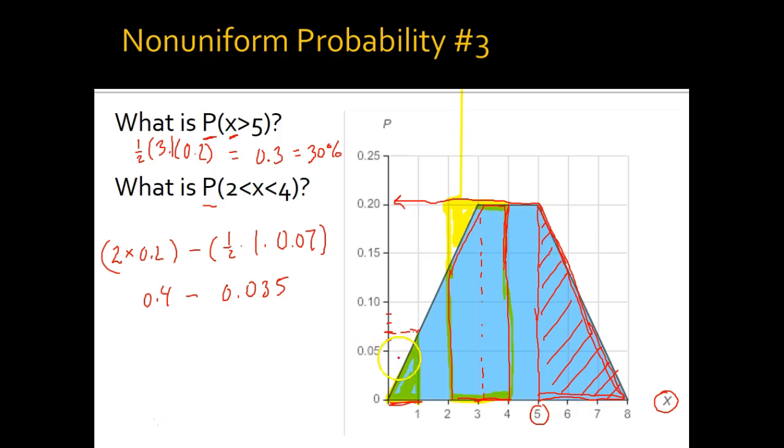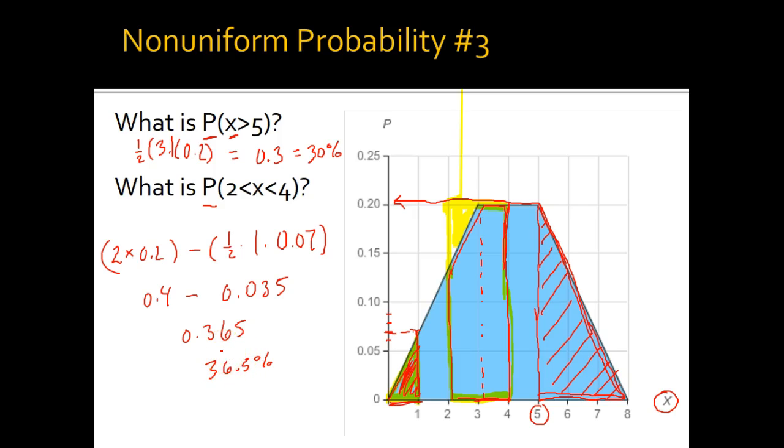The number I'm subtracting is a really small number because it's just this little tiny triangle that we're subtracting from this relatively large rectangle. So it's just a small little sliver that we're cutting off. So 0.4 minus 0.035 is 0.365. So 36.5% is what that is, percent, and there we have it.